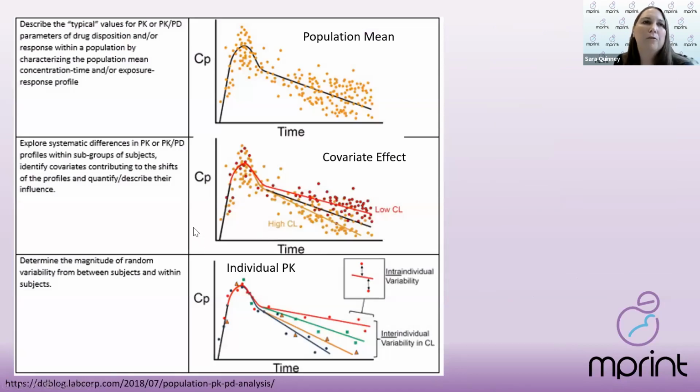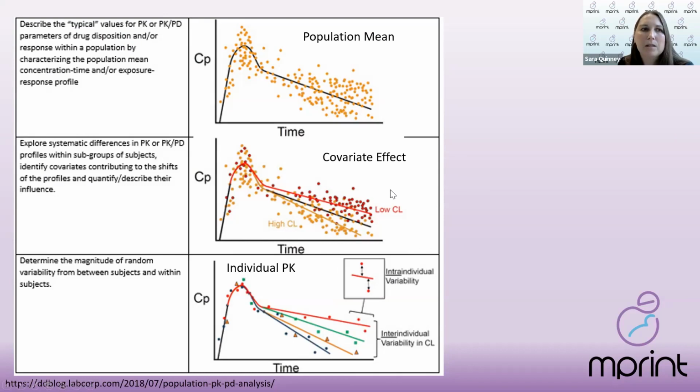So overall, when you're developing a population pharmacokinetic model, you're first identifying the typical values for PK or PD parameters of the drug and response within a population by characterizing a population mean. You can see in the plot on the top, we're just capturing the population mean values for this curve, the population curve.